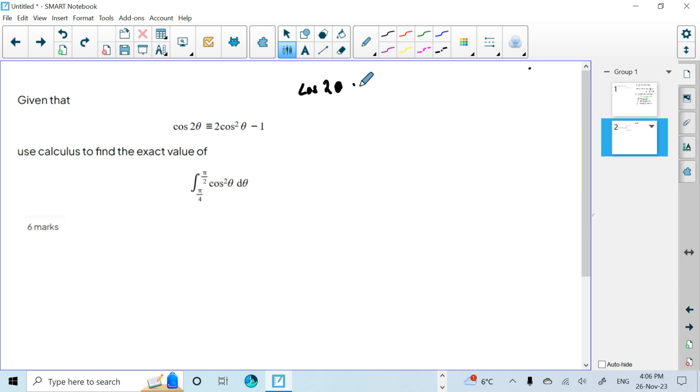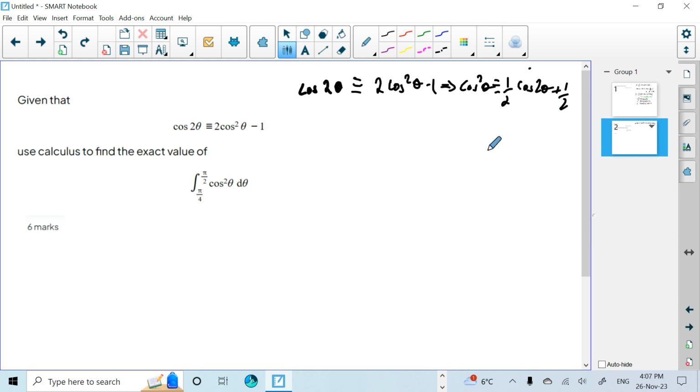Cos 2 theta is identical and equal to 2 cos squared theta minus 1, which implies that cos squared theta is identical and equal to a half cos 2 theta plus a half.